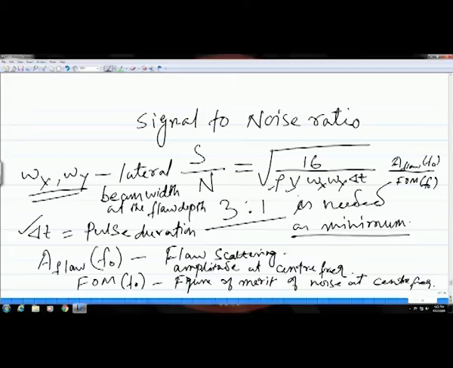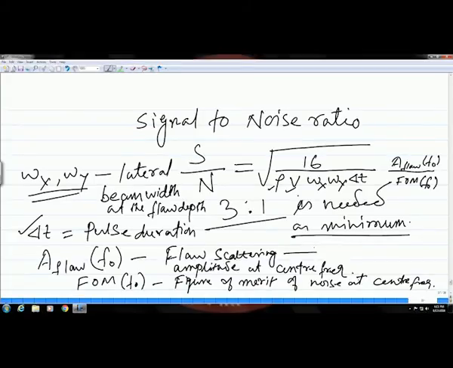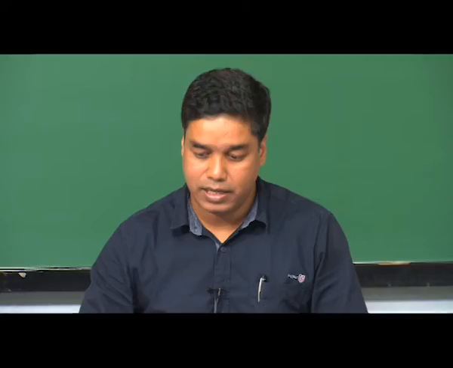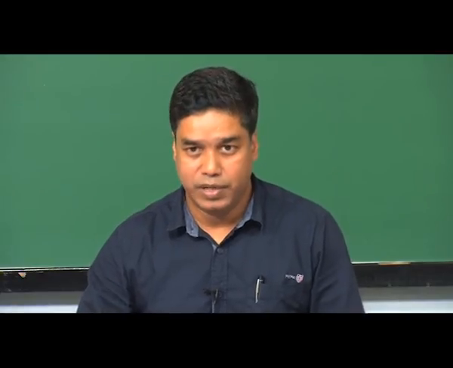And here you could see that the signal to noise ratio or the detectability is directly proportional to the size of the flaw, which is obvious. Larger the flaw, better would be its detectability. So, that also you could see how it is coming up here in this equation, and you could see that if the density of the material is higher or the velocity of sound wave in the material is higher, then the detectability goes down.